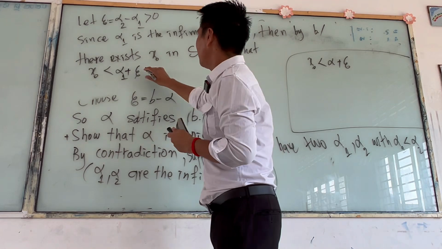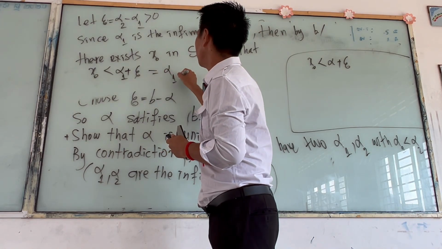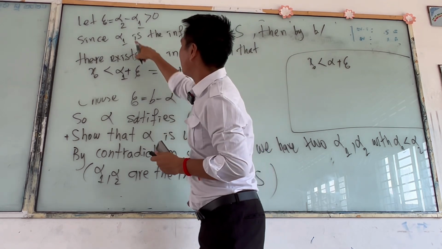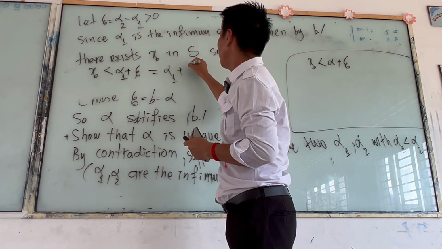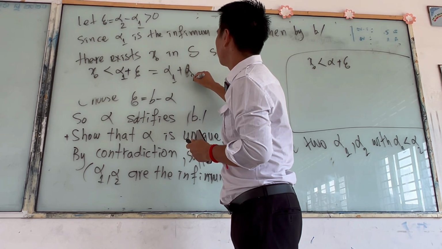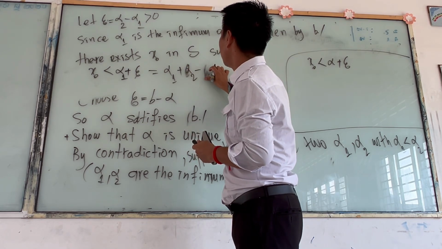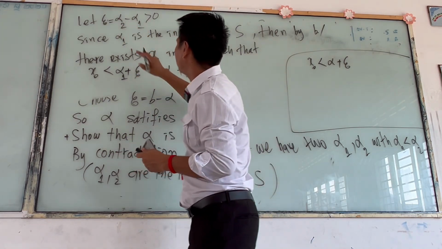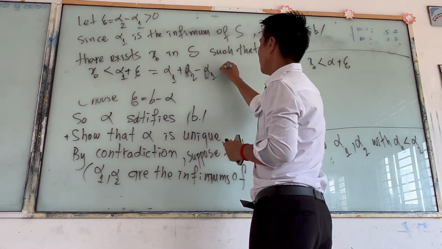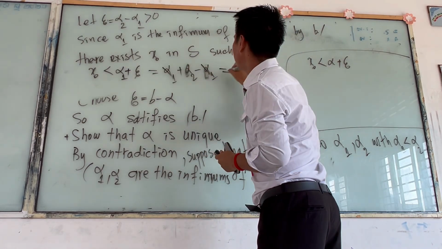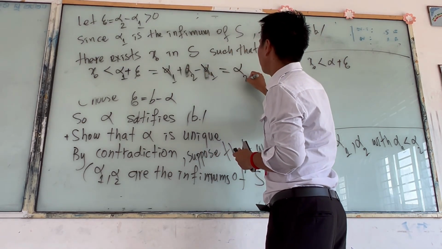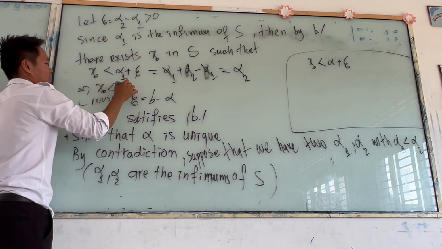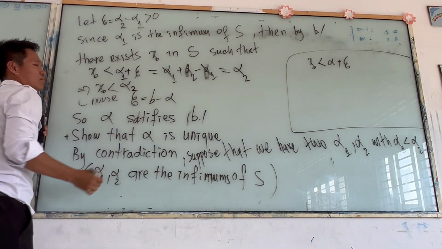And this is equal to alpha 1 plus epsilon, where epsilon equals alpha 2 minus alpha 1. I just replace epsilon here by alpha 2 minus alpha 1. And this equals what? Cancel alpha 1, and you get alpha 2. Then you get x0 less than alpha 2.